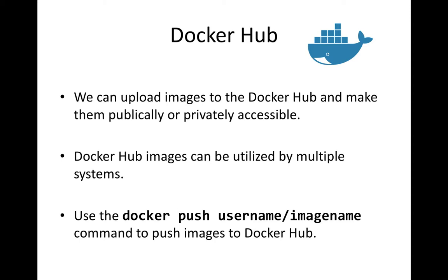When you create an image, you can then publish that image. You can upload it into the Docker Hub and make it available for other people. Or it can just be a private image, which only you can access. So you can go and create an account on Docker Hub and then publish your images there.